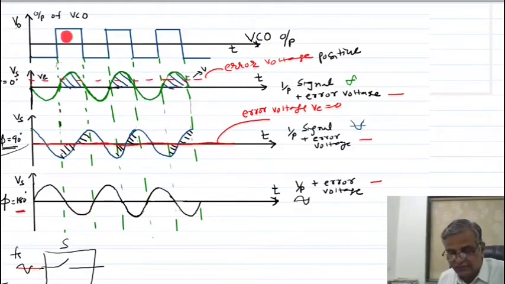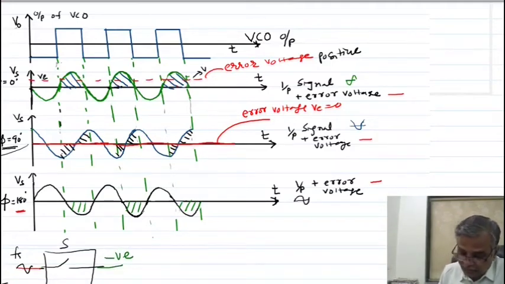During this time your switch is closed. So these and these, if I combine, only this much portion of the signal will be passed. You know that the signal will be passed only during the positive half of the square wave of the signal. So here you will get a negative average value. So the average value of this is negative.